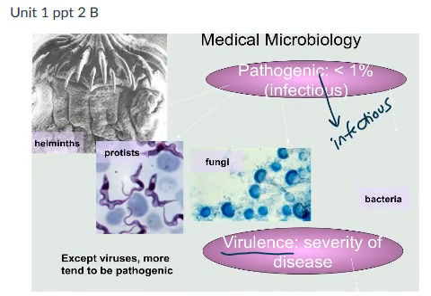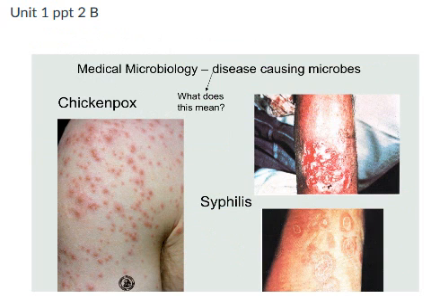Why does that matter? Because if the virulence level is low, that means the disease is not so severe and the symptoms aren't so harsh. Please keep in mind that except for viruses, fewer tend to be pathogenic. Bacteria, as a large overall whole, are non-pathogenic, and many of them live as normal flora in our bodies.